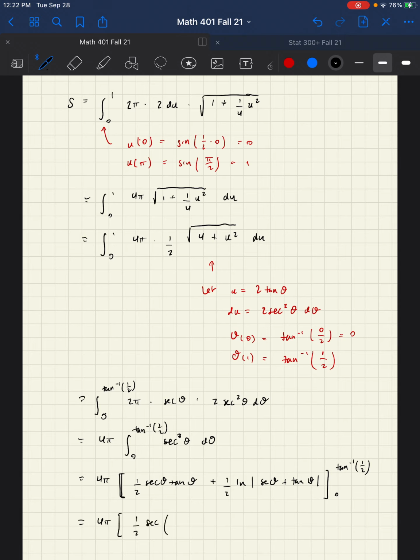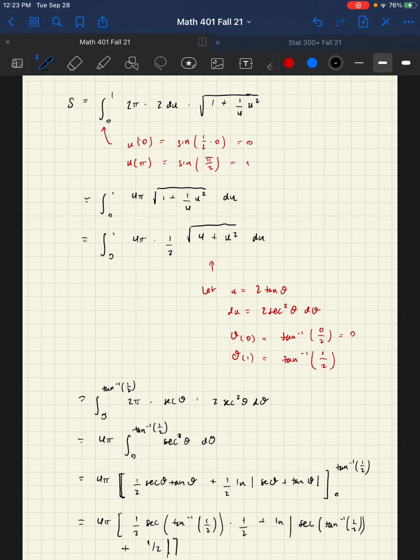All right, at this point you'd have to plug these in. So 4 pi, 1/2 secant of tan inverse of 1/2 times tan of tan inverse. Those are inverse functions of each other, so those just give us 1/2. Plus natural log of secant of tan inverse of 1/2 plus tan of tan inverse, which is 1/2, in the absolute value bars.